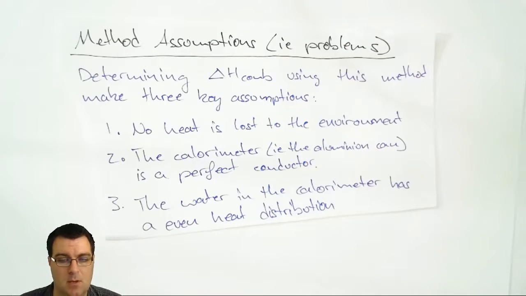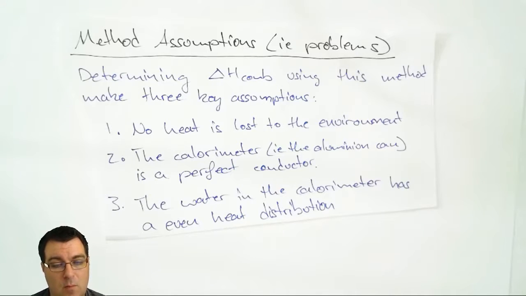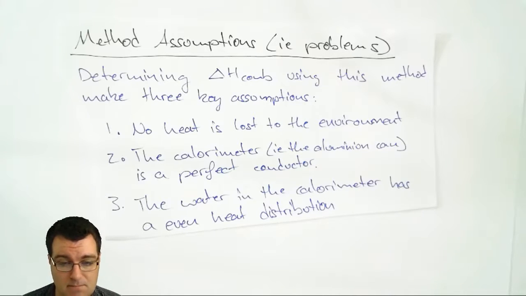The second assumption is that the calorimeter, i.e. the aluminium can, is a perfect conductor, and all the energy that hits it from the combusting alcohol is transferred directly through it, with none lost or reflected away from the metal surface.